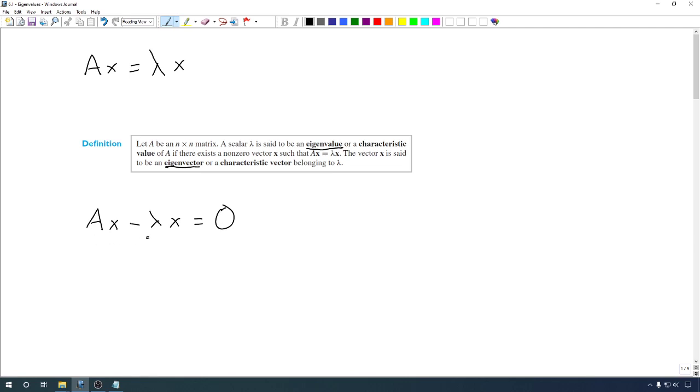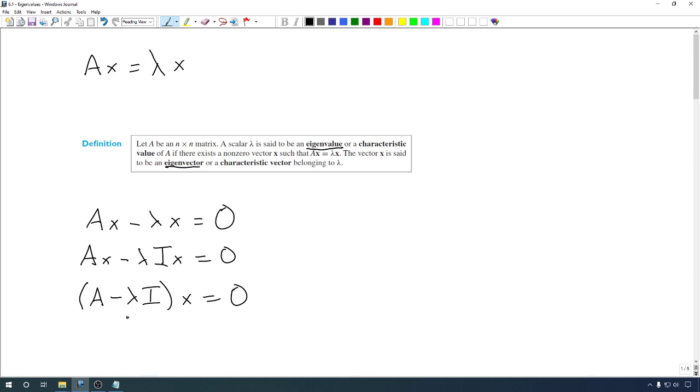Those are very different types of products. So in order to factor out the x, we have to turn this side into a matrix product. Well, we can just replace x with I times x, I being the identity matrix. So we have Ax minus lambda times the identity matrix times x. Now that is actually a matrix product, and we can go ahead and factor. So we have (A minus lambda I) x equals 0.